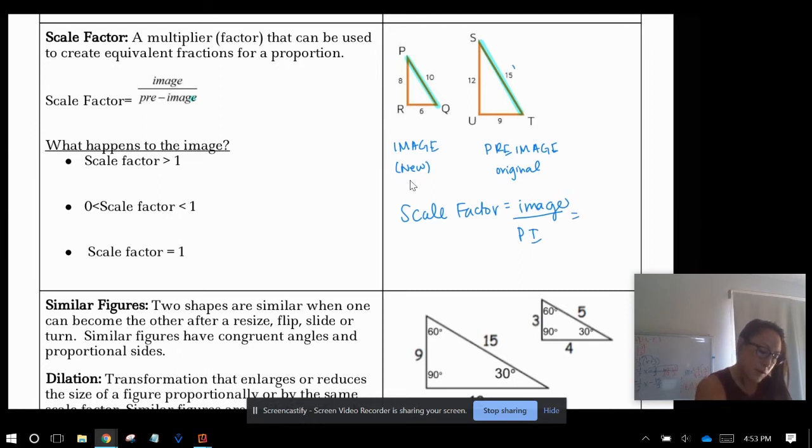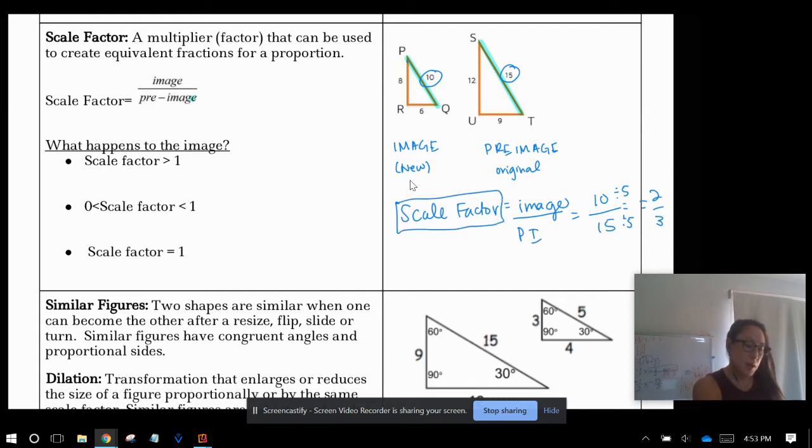So I'm going to take 15 as the pre-image, so it goes in the denominator, and then 10 is in the numerator. We reduce that, we divide out 5 on the top and the bottom, giving us 2 over 3. So the scale factor is the triangle PRQ is 2/3 the size of triangle SUT.